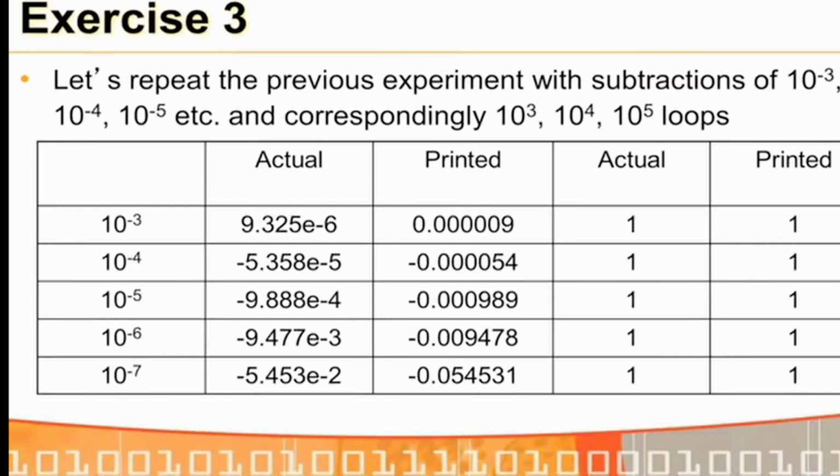And that error is growing exponentially. Here it was in the 6th place, 10 power minus 6, here it became 10 power minus 5, here 10 power minus 4, 10 power minus 3. Every time it is getting multiplied by 10, so the error basically grows exponentially.